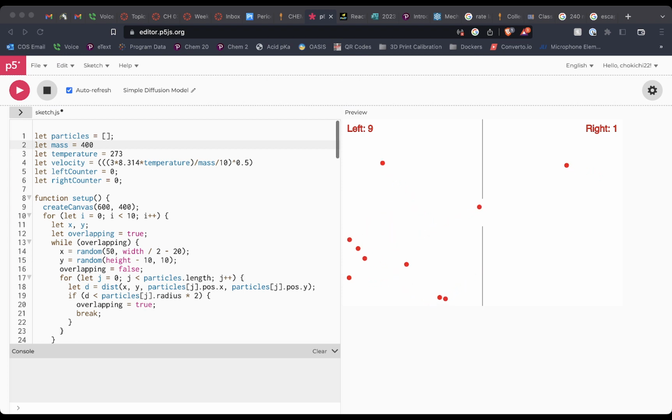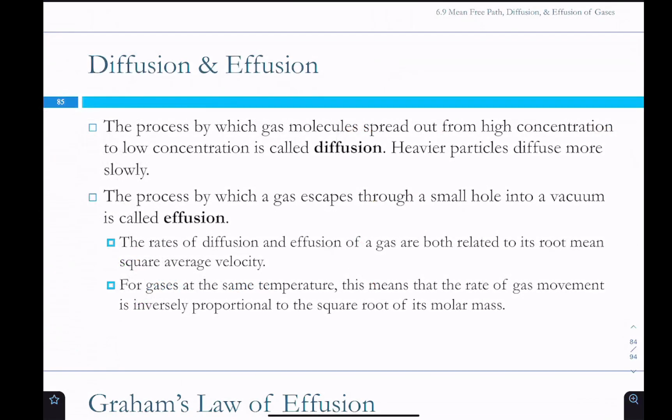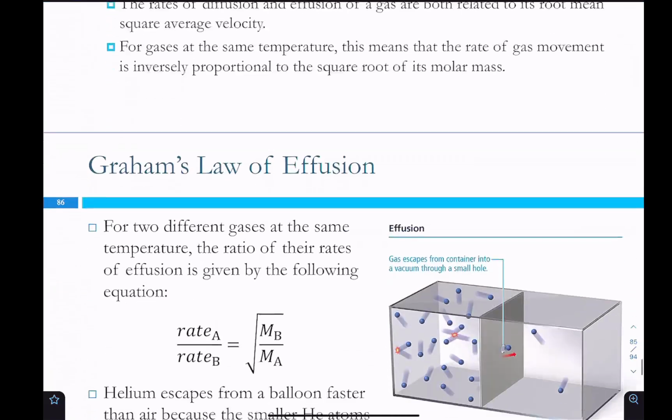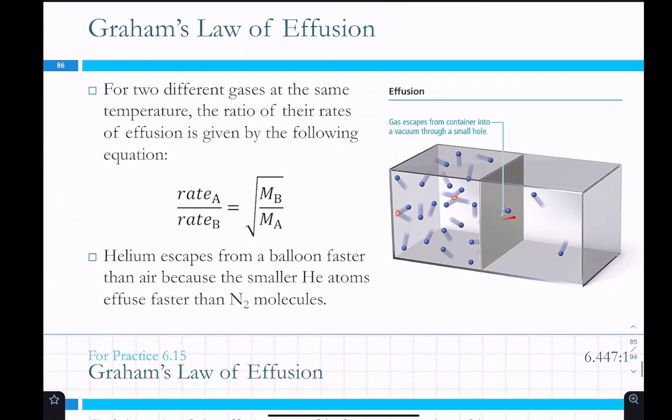So it takes longer for any of the particles to randomly bounce through the hole. That's the relationship here. And that's also why for two different gases, we can determine the rate of effusion relative to each other.